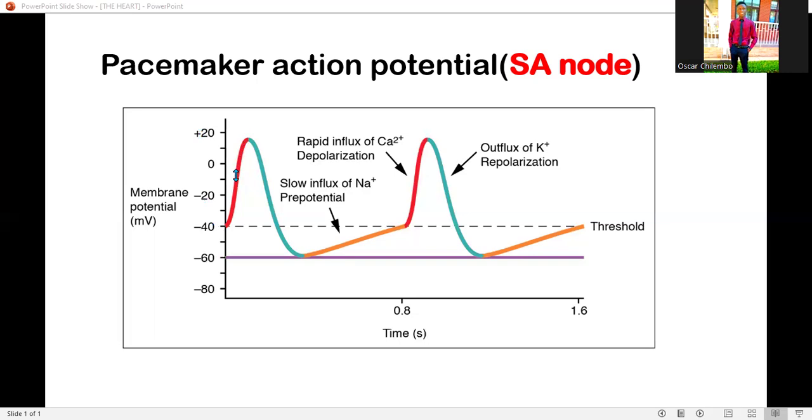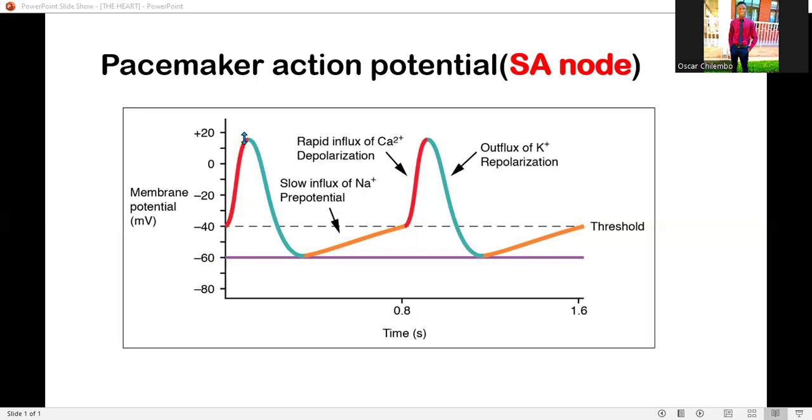From there, the channels which opened in phase 4, the funny channel which was allowing sodium to enter slowly, as well as the T-type calcium channels, which are not enough to cause depolarization, tend to close during phase 0.